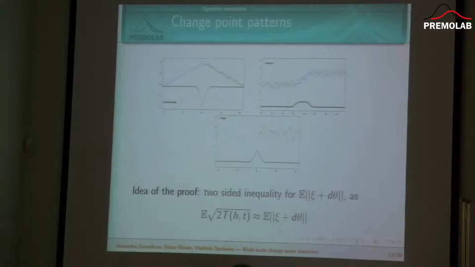Then we found a very nice thing: the likelihood ratio test changes its behavior in the neighborhood of a change point. For example, on this picture you see a step change point. In its neighborhood, the likelihood ratio test behaves like a triangle. If you have a look at this data, there is a break in trend. The likelihood ratio test will on average behave like an inverted triangle.